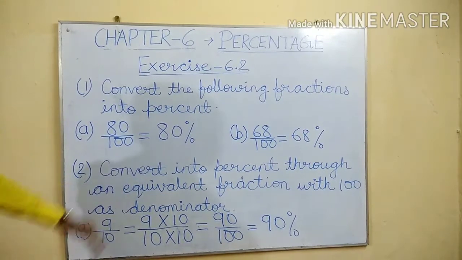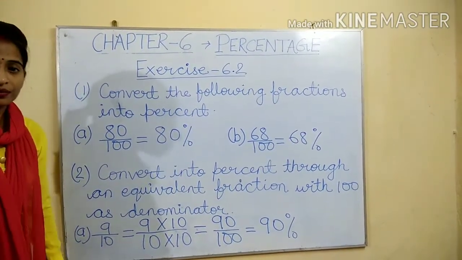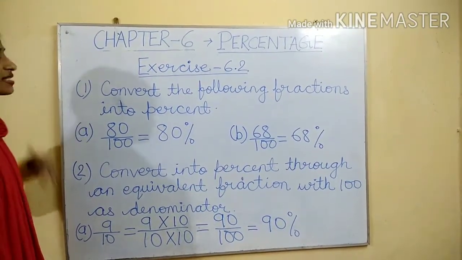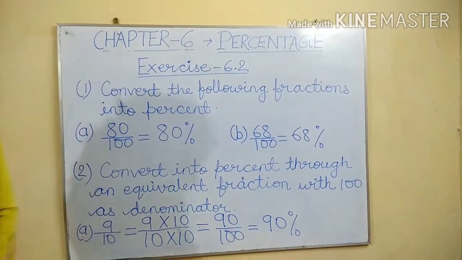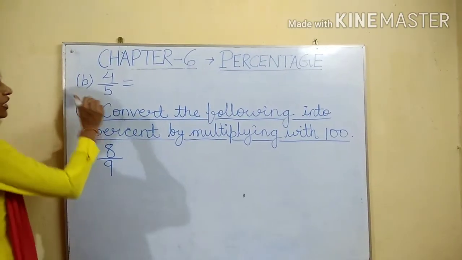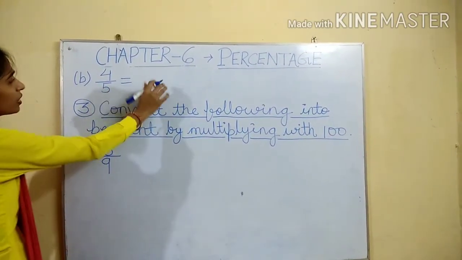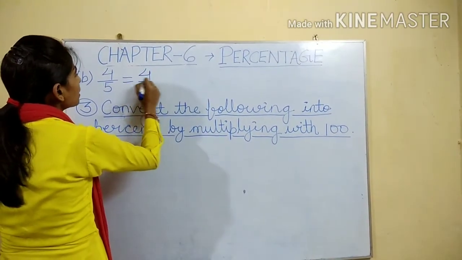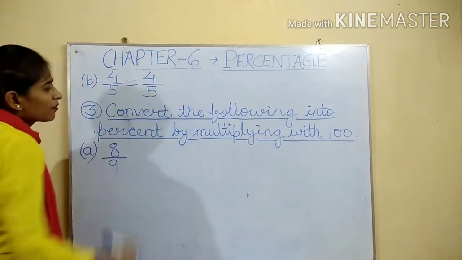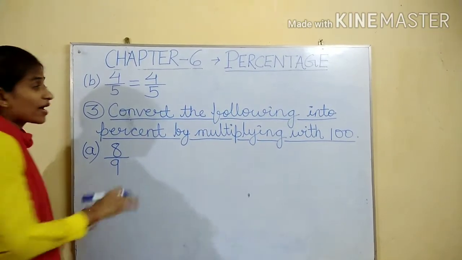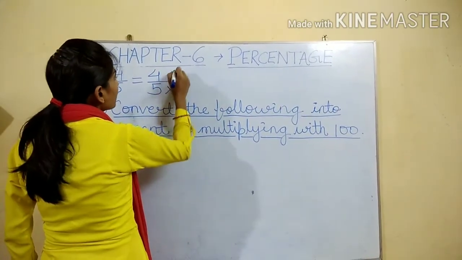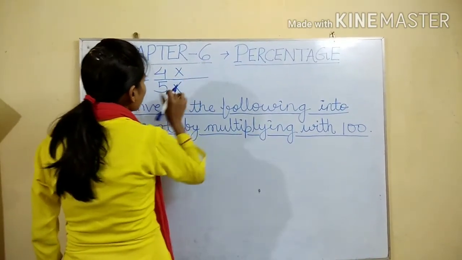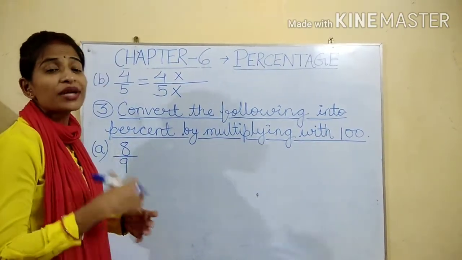So note this down in your notebook and then we will discuss the next question. Question number B we will also solve by the same method of finding an equivalent fraction. So by which number will we multiply 5 to get 100?